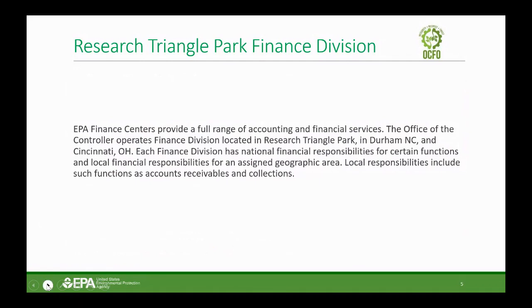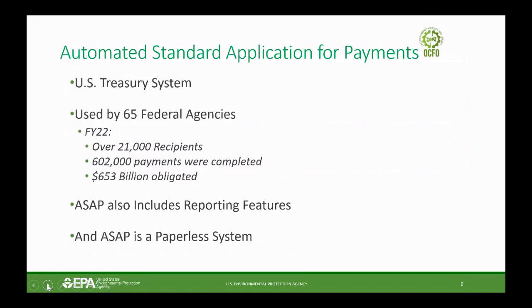Next slide, please. All right, ASAP, Automated Standard Application for Payments. So it is mandatory to use ASAP. It's a United States Treasury system. It's not EPA, it's a Treasury system used by 65 federal agencies.